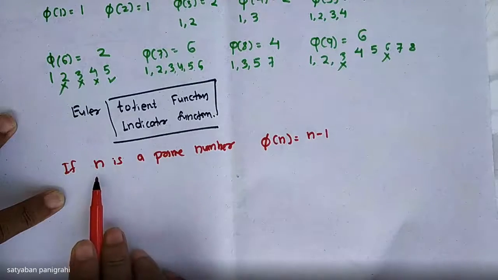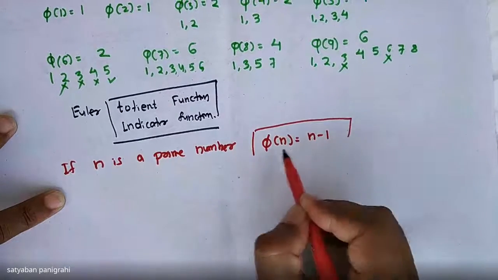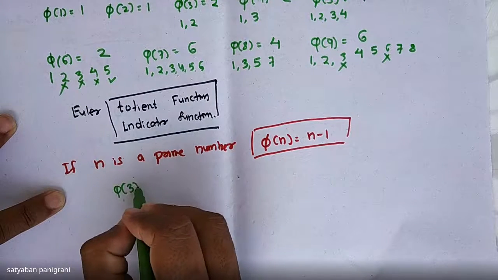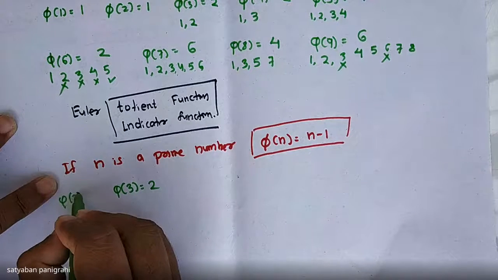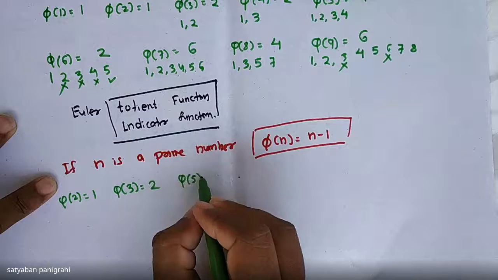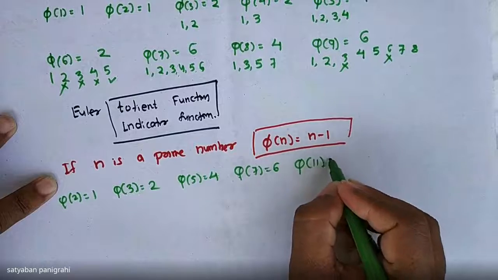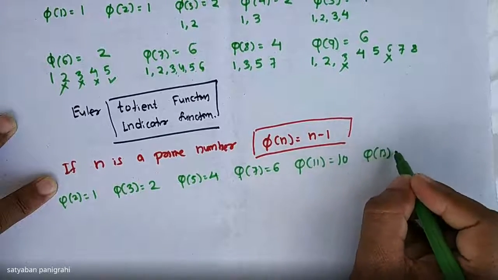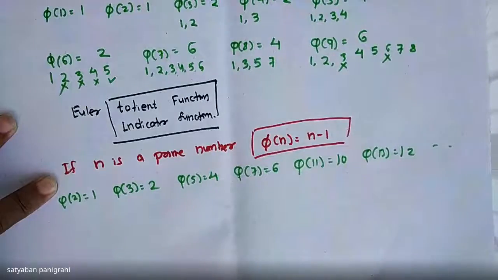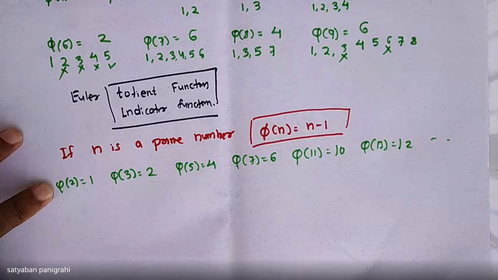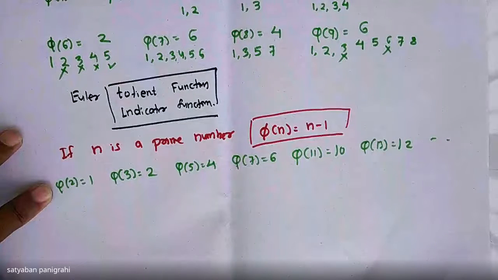So from this, you can have phi of 3 equals 2, phi of 2 equals 1, phi of 5 equals 4, phi of 7 equals 6, phi of 11 equals 10, phi of 13 equals 12, and so on. So we have one simple formula: if n is a prime number, then phi of n equals n minus 1. Clear? Clear to all? Yes, sir.